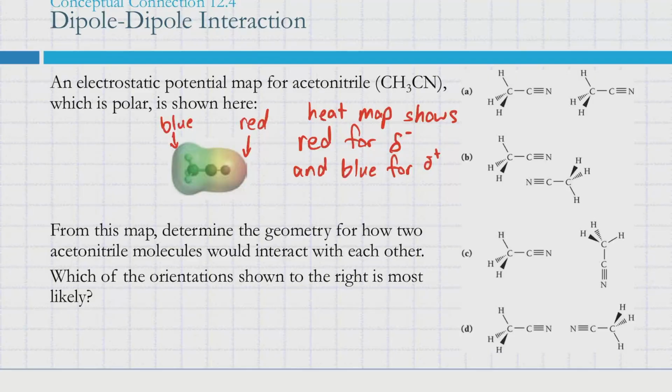So the way that these electrostatic potential maps work is we've got a gradient from red on the right to blue on the left. The red is going to be our partial negative. The blue is going to be more partial positive, and neutral is somewhere in between.